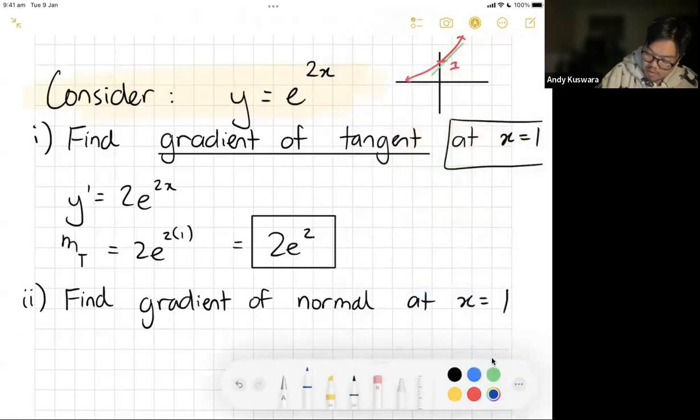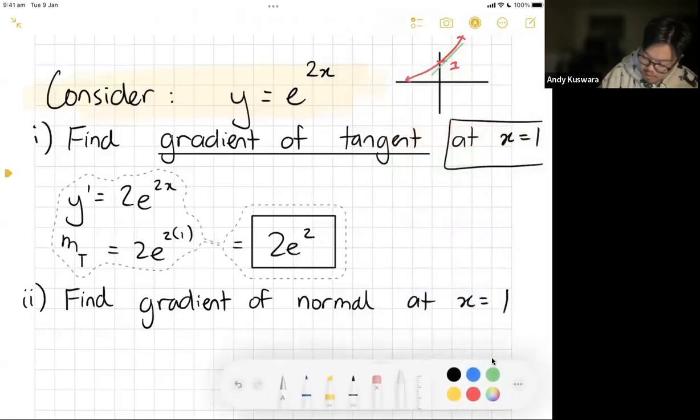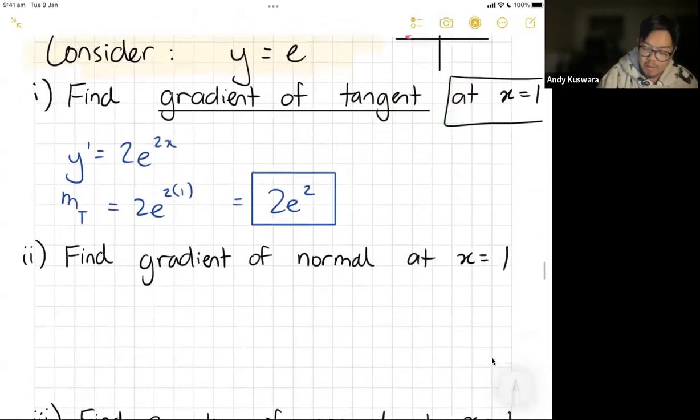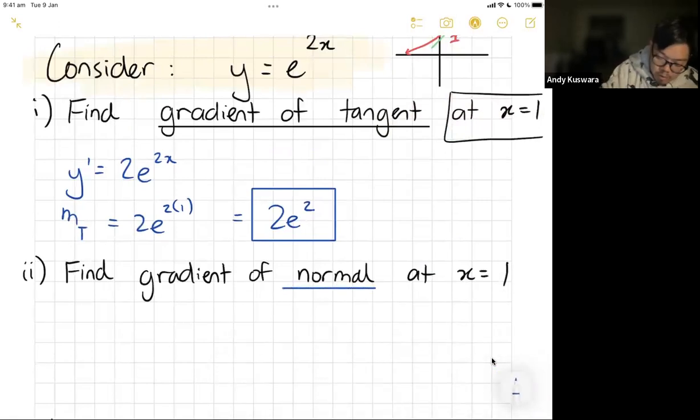I'm going to continue writing in blue, so it's a little bit easier to see what's what. Now, how do I find the gradient of the normal? The easiest way is to remember that m1 times m2, if the two gradients are perpendicular, will equal -1. In other words, I'm going to find the negative reciprocal.